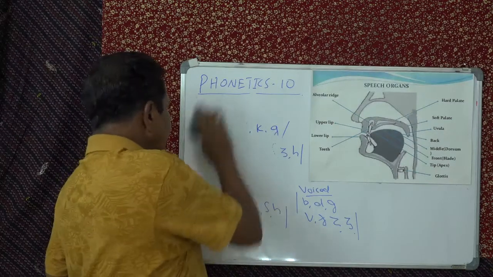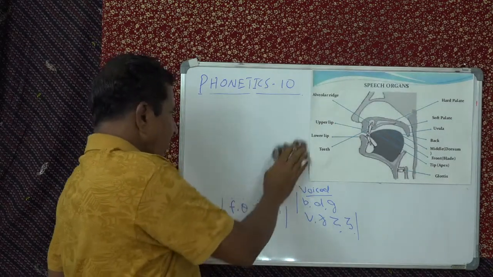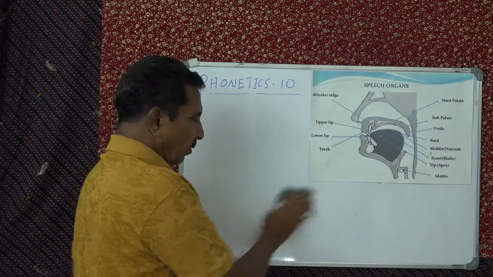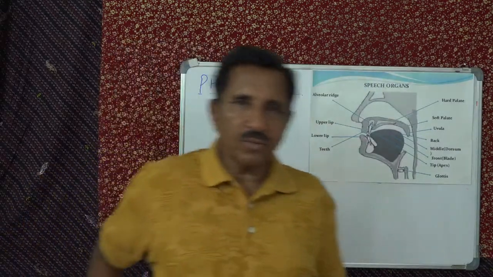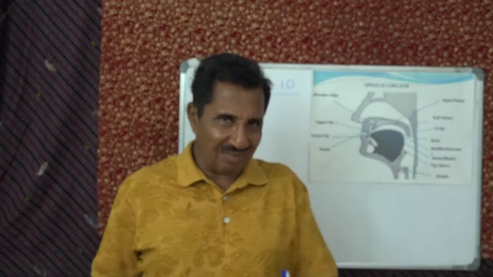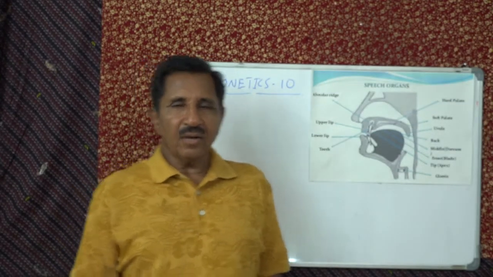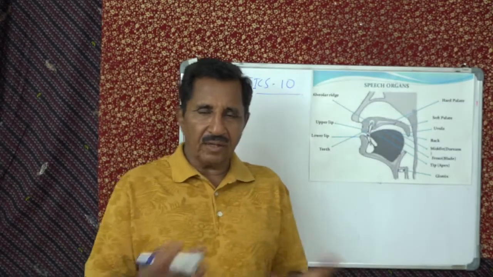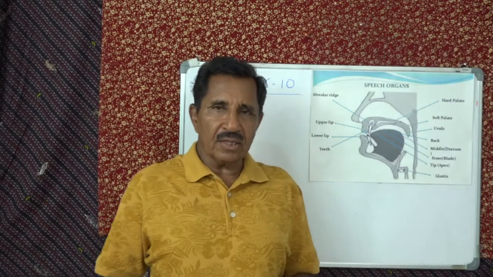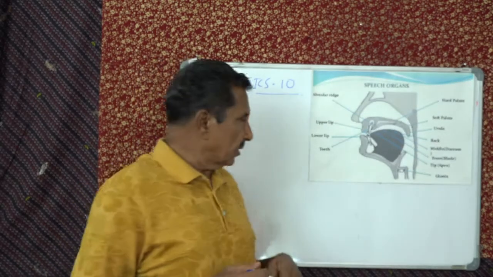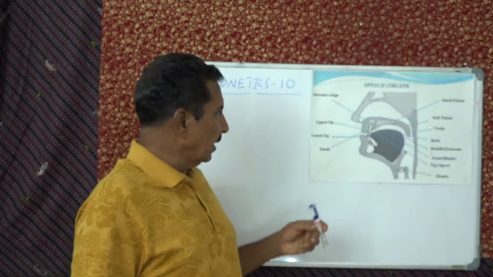So then another parameter, common to almost all the sounds, is oral. Oral means the air comes out through the mouth, except for M, N and Ng. Isn't it? And voiceless, and also manner of production, plosives, and then we saw place of production. That is, we have got different places of production.